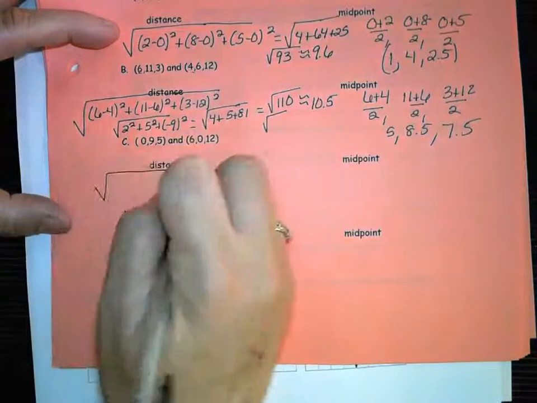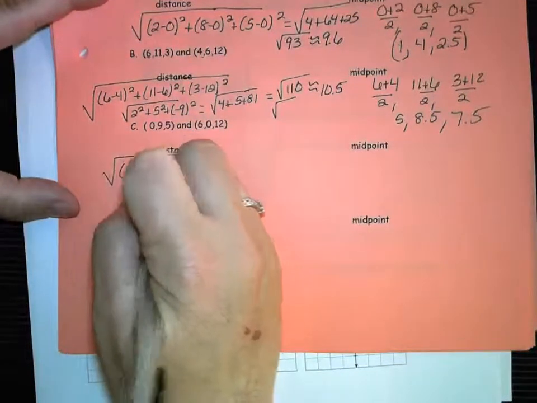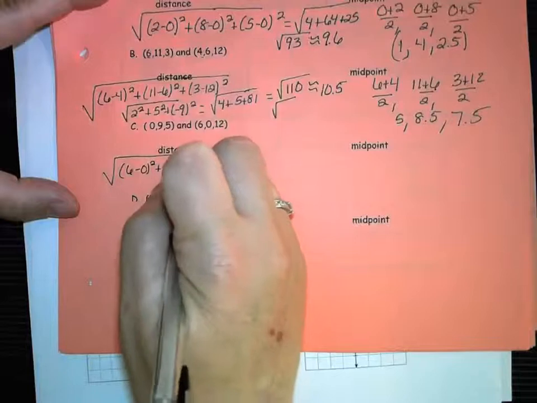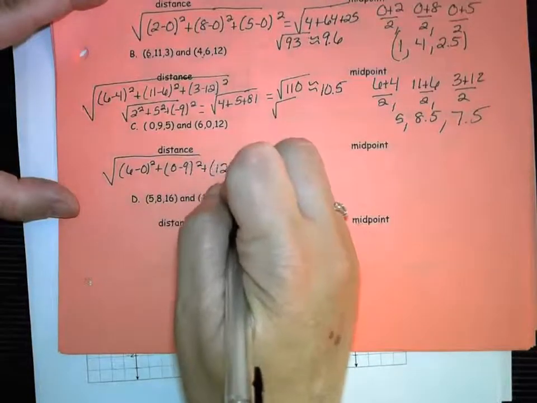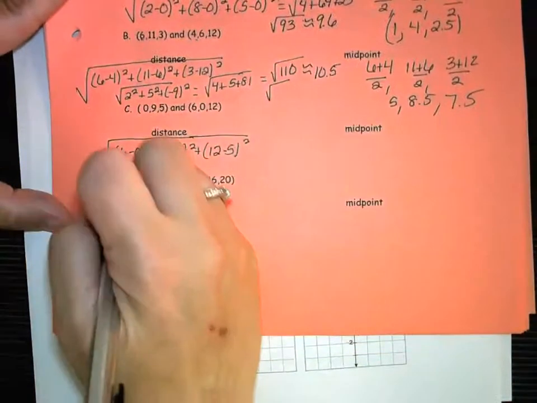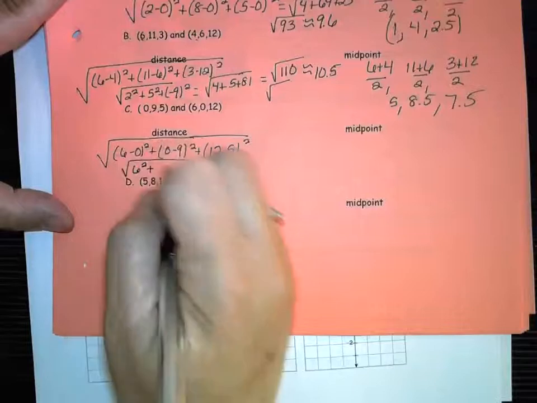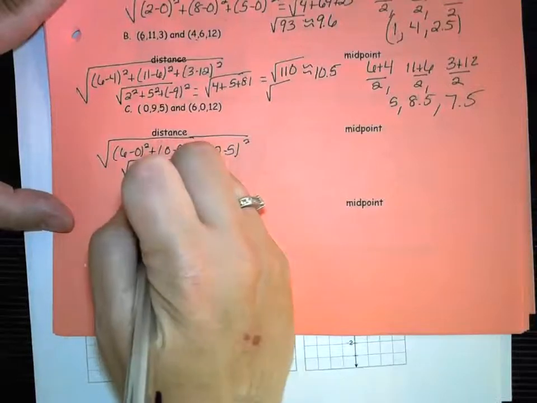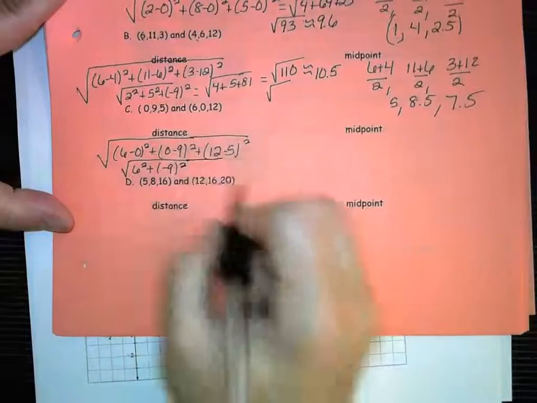Letter C, I am going to do 6 minus 0 squared, 0 minus 9 squared, and 12 minus 5 squared. 6 minus 0 is 6 squared. 0 minus 9 is negative 9 squared.